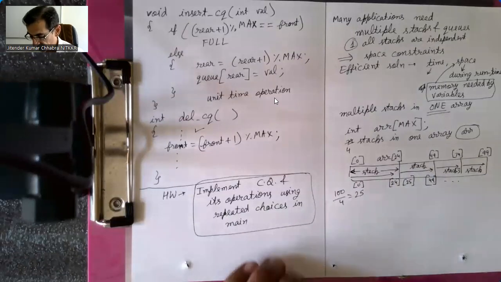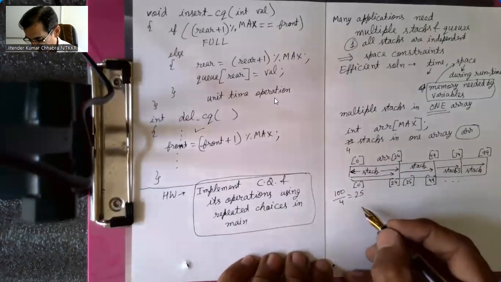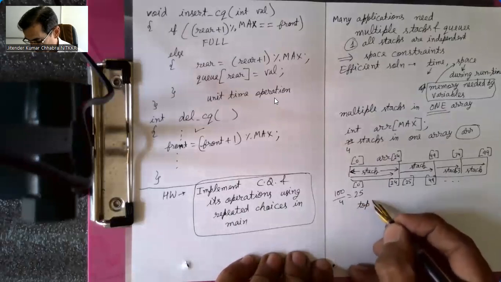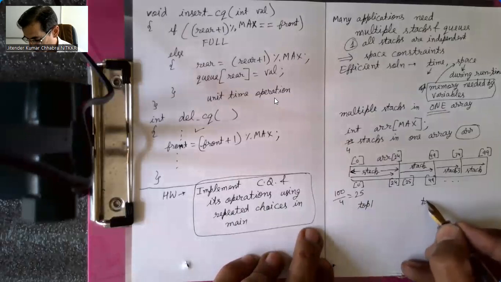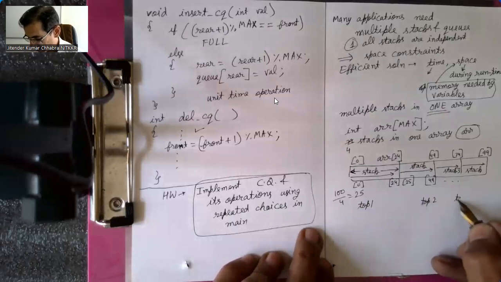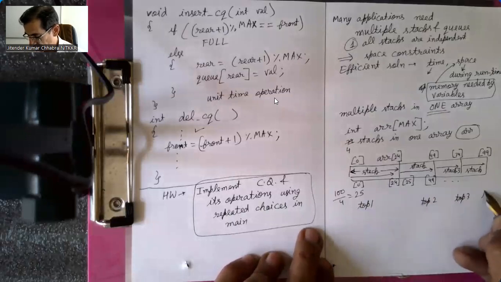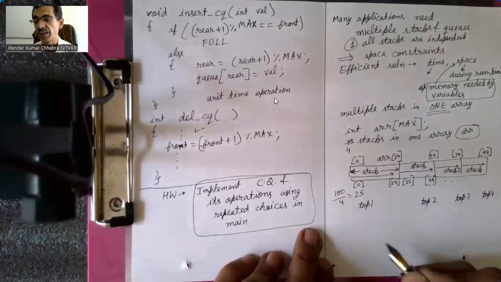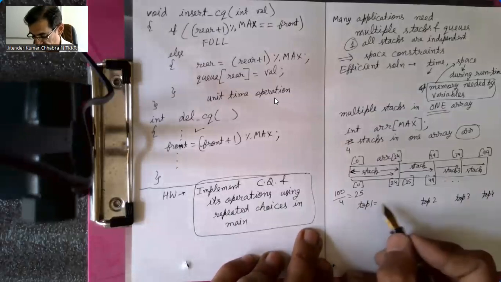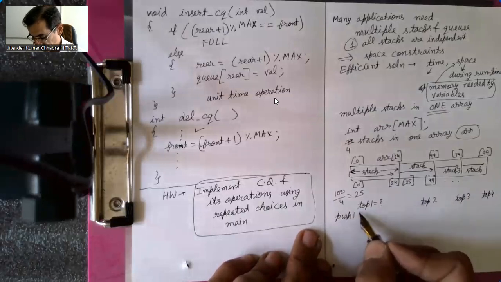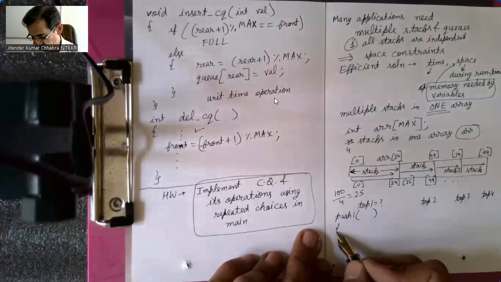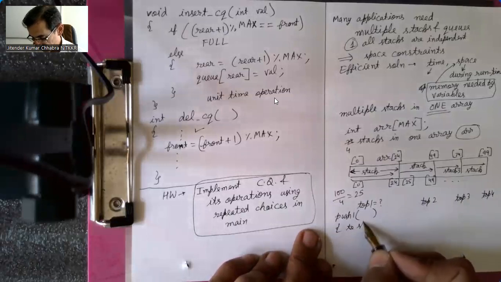What will that mean? Once I know this, I will need 4 variables, top1, top2, top3, and similarly top4. I should know what should be their initial value. Then I will need push1, which will be used to push the data into stack 1.